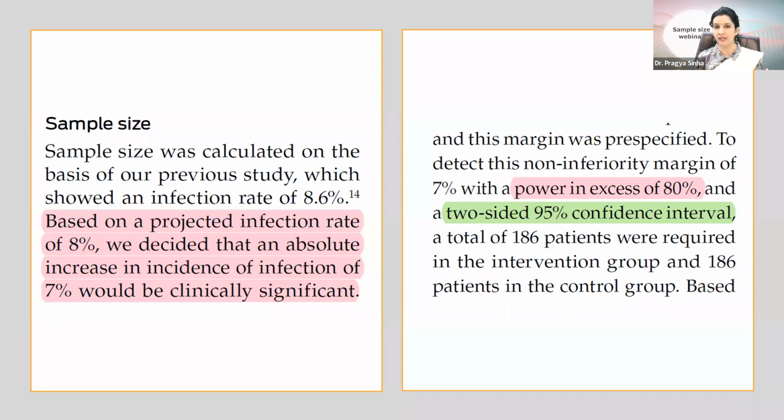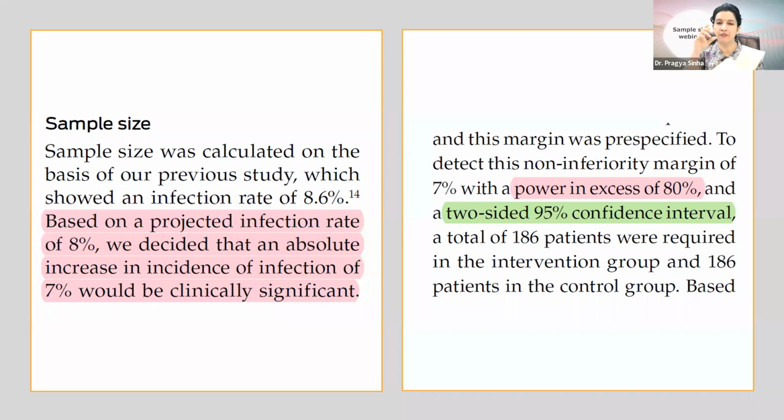Can you say like that, that non-sterile gloves can prevent infection as compared to sterile gloves, or can decrease the infection rate as compared to them? No, that is not possible. There's no biological plausibility for this. But you can at least say that this will have an increased infection rate, but even if it is only increasing by 7%, that is clinically not significant.